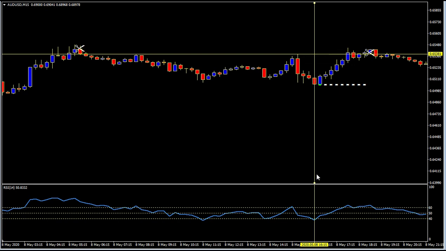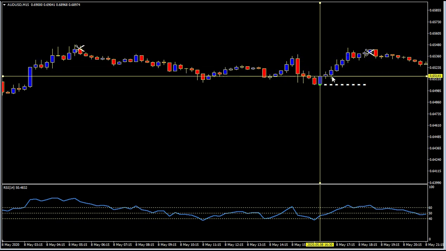No. Here, yes, we get a support here, so we buy here. We buy at the open of the next candle, which is this one, and we exit when we see the pair of scissors. So we close our trade here.